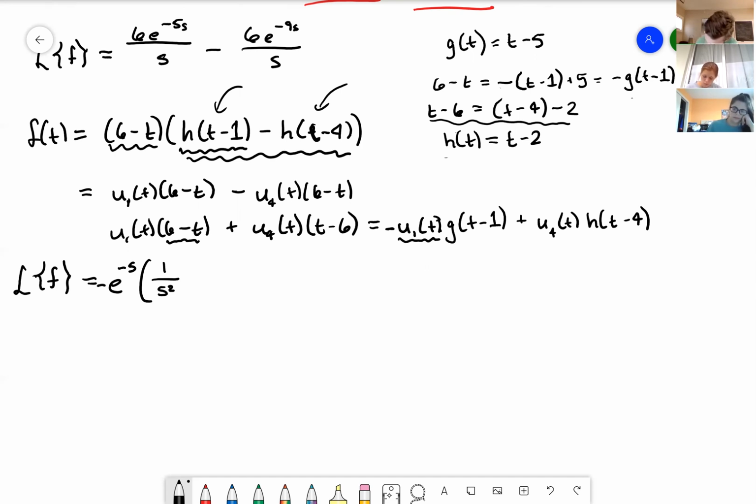So that's the t, and then minus 5 over s.